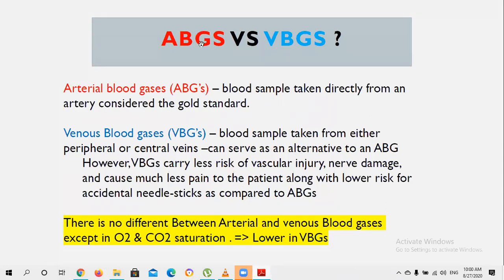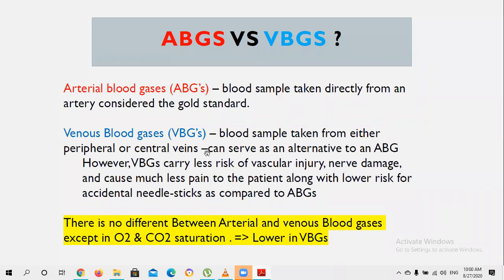Okay, what is the difference between ABG and VBG? Why do some doctors request ABG and some request VBG? There is not much difference between them, but most doctors request VBG because it's less risky than ABGs, less vascular injuries, less nerve damage.